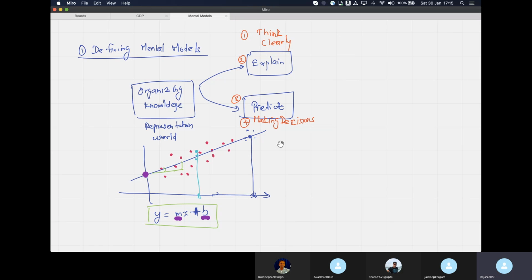Yeah. So very interestingly, if you look at the machine learning models, this is exactly what is happening, right? So the organizing the knowledge part is what we mean by the graph below. It could be as simple as that, but there are much complex machine learning models, probabilistic models, etc. Now, what happens here is there is an iterative cycle, right? So we use the current world, and then we create a model to explain.